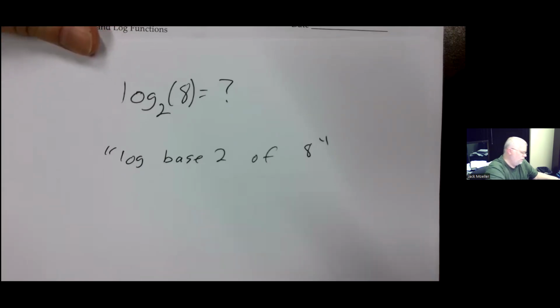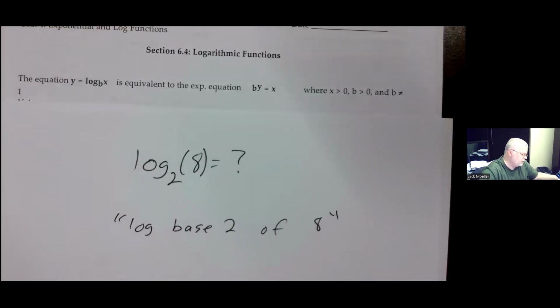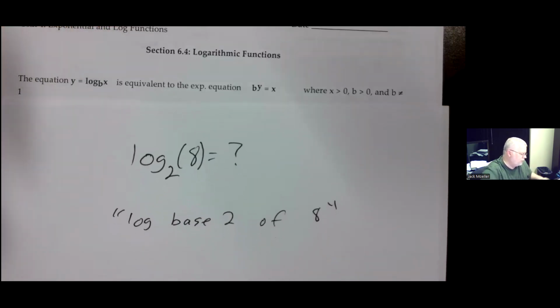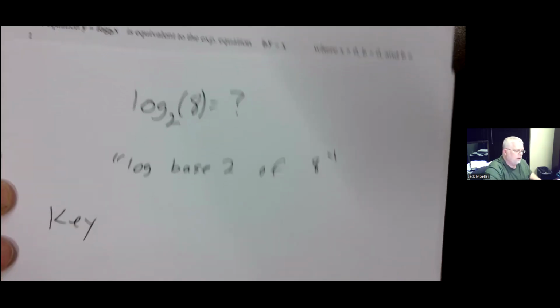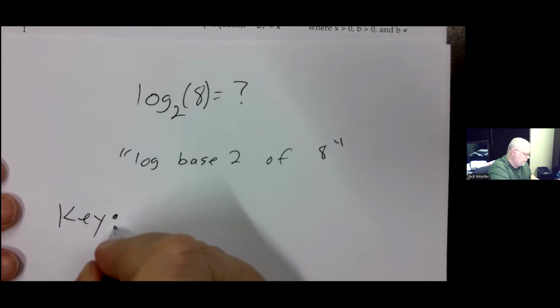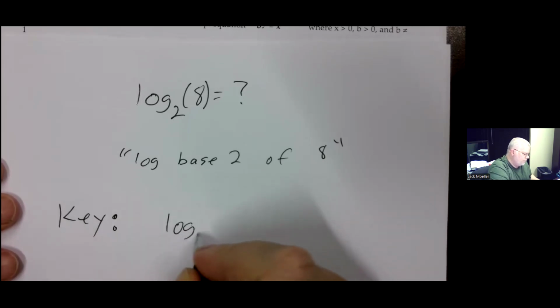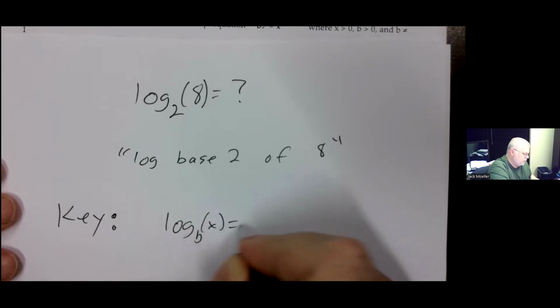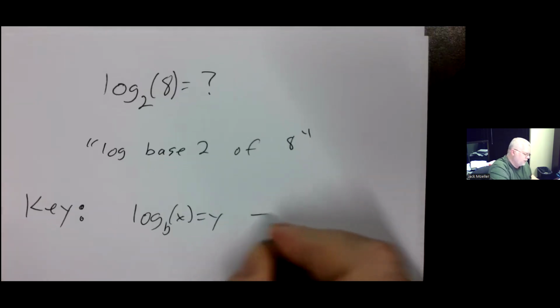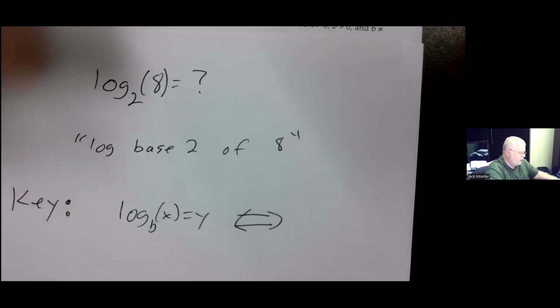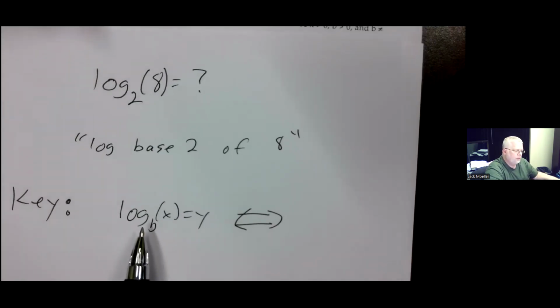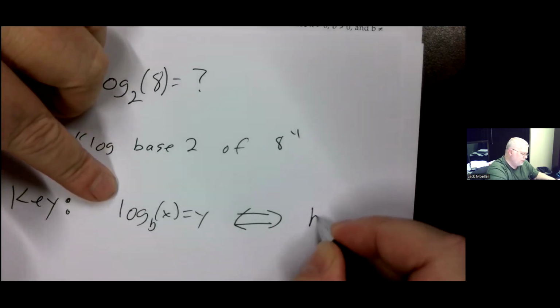And this is in those notes. All right, so what you have to be able to do, and like I said, this is the key to everything in logarithms, is if you have log base b of x equal to y, this is equivalent to, and when we do that double arrow, it means equivalent to because it goes both ways. The way that you convert a logarithm to an exponential expression is the base of the log is the base of the exponent.